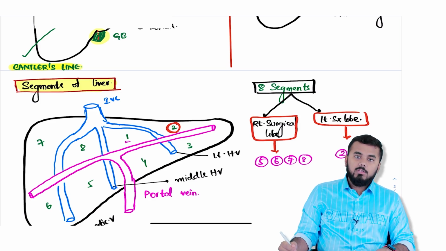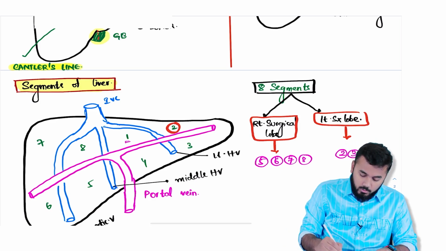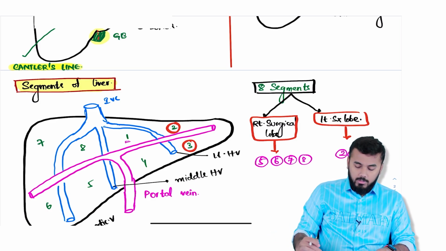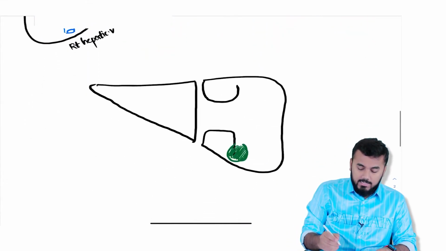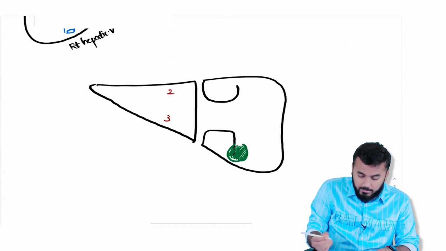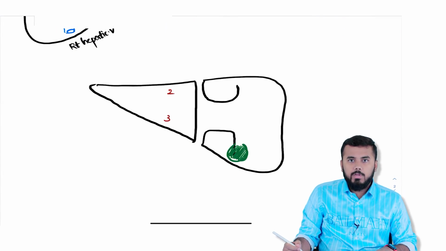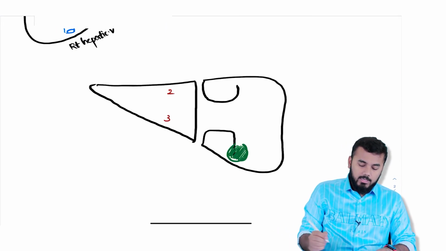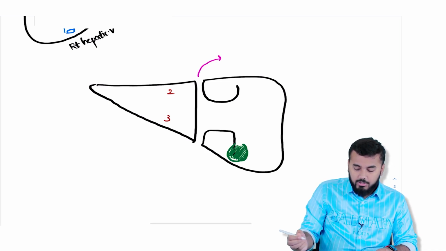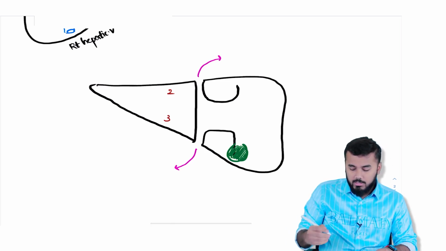Now in the front, what segments do I have? I have segment 2 and segment 3, near the tail portion. Exactly at the same place, this is segment 2 over here, and this is segment 3. Next important thing is that I have a fissure on the top and a fissure in the bottom.